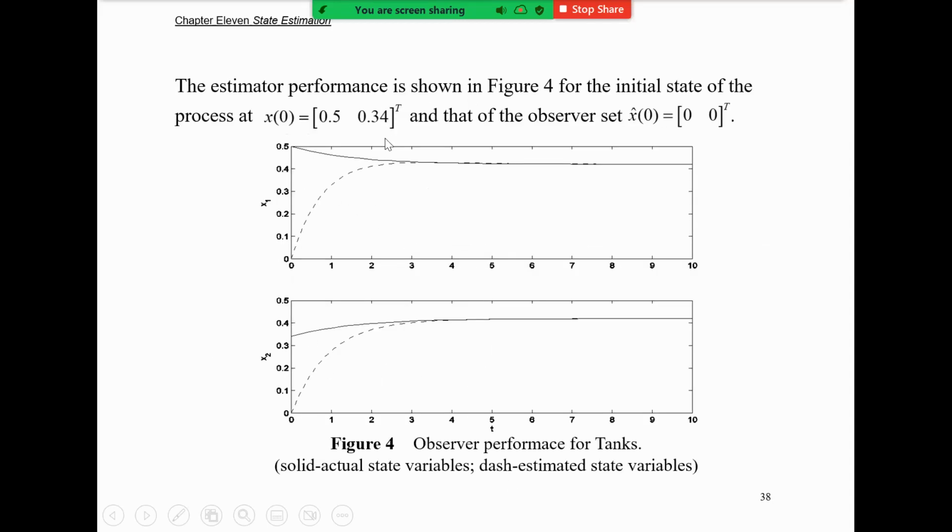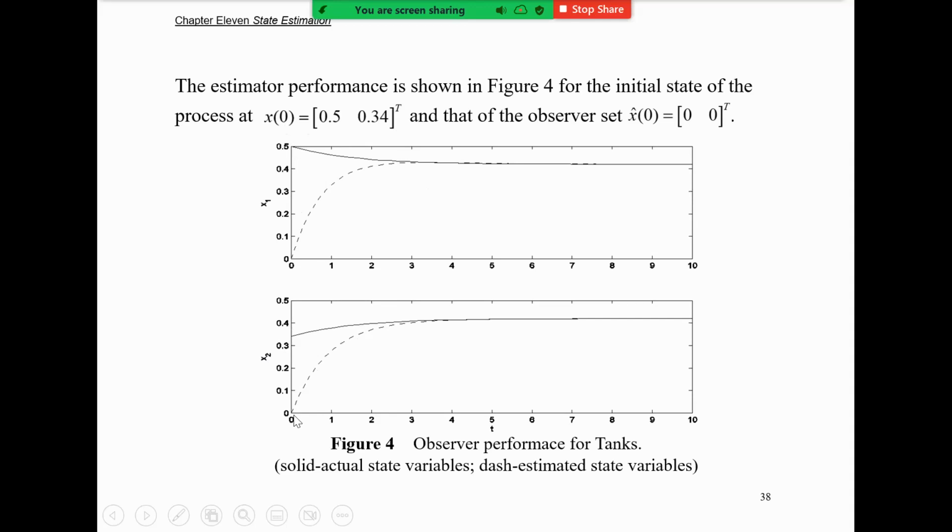This is the simulation. We can ask, how good is your estimation? This is the result when the initial state is 0.5 and 0.34, and the sine corresponds to the actual state variable. Of course, at the beginning, we don't know the initial state, so we can set the initial estimate to 0.